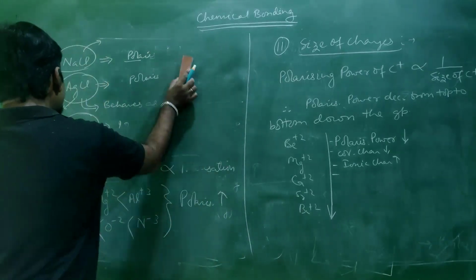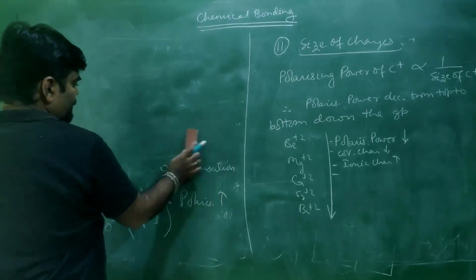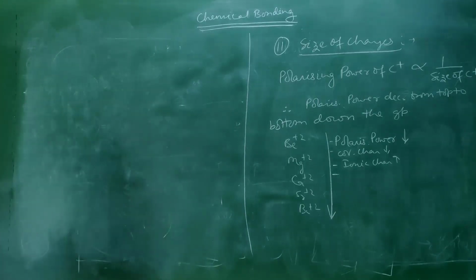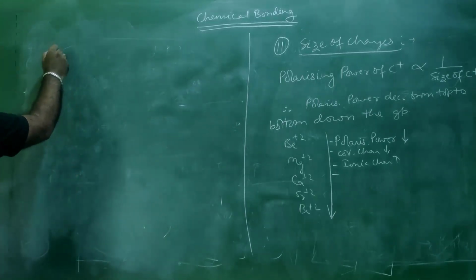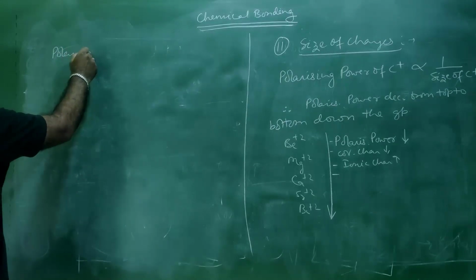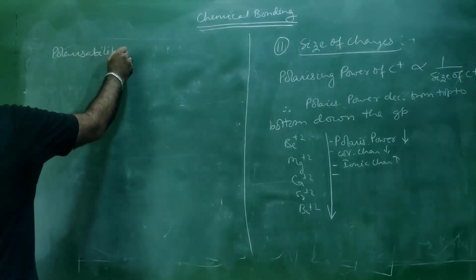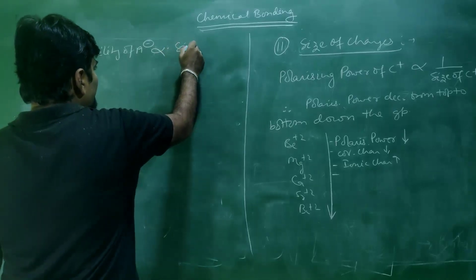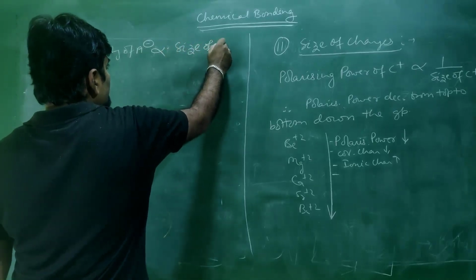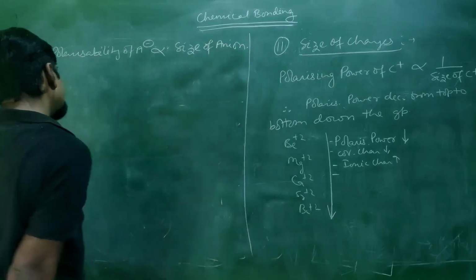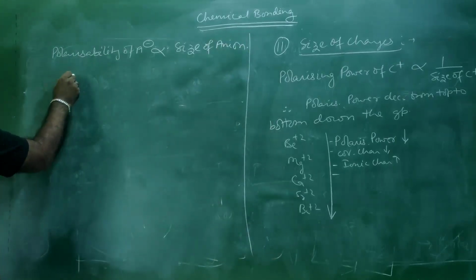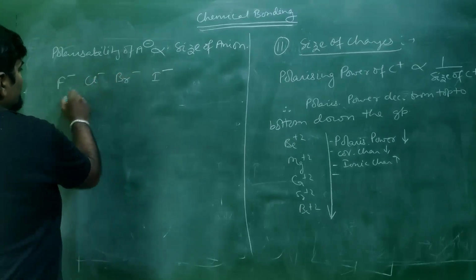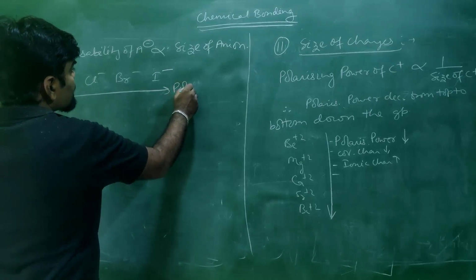Now the polarizability of an ion increases with increase in size of the ion, like F-, Cl-, Br-, I-.